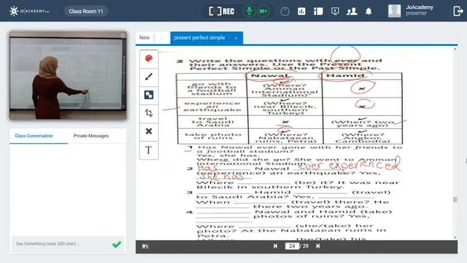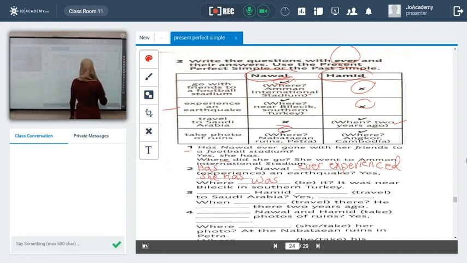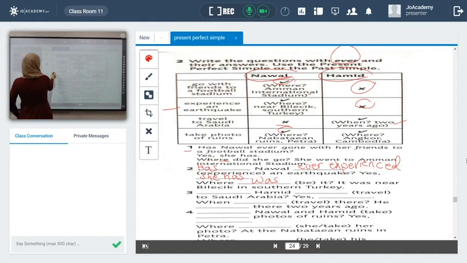Where was she? So where was it? It was near Belzec in southern Turkey. Now we're going to do number 3. Travel to Saudi Arabia.